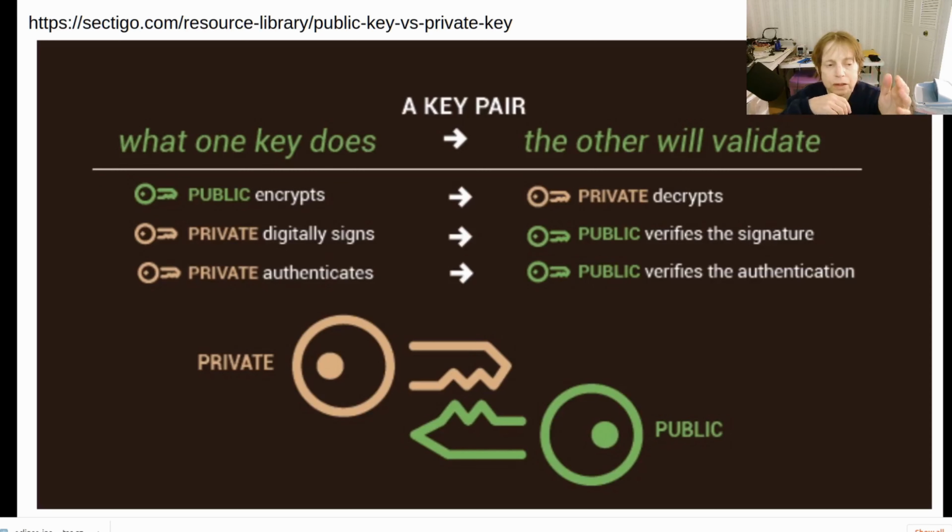In one case you're sending data to someone, and the public key encrypts it, and then only the person supposed to get it can decrypt it. Because the private key is private, no one can steal it and decrypt it along the way. With digital signatures, you sign it privately, but the person supposed to verify can verify it using the public key, and the same thing with authentication.